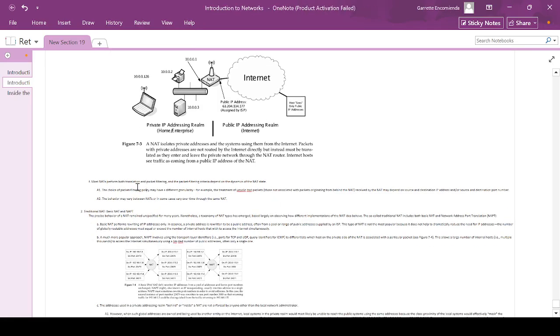Most NATs perform both translation and packet filtering. So aside from translation, which includes tracking per connection, because this NAT has memory as discussed, it also has packet filtering, so it works in two ways.